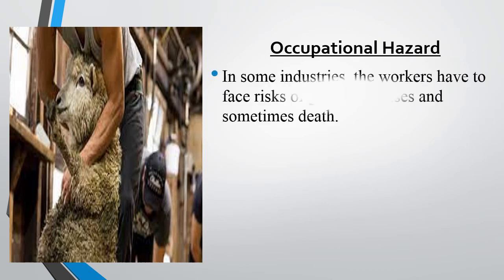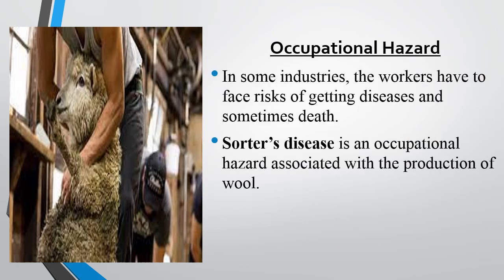The persons who work in the woolen industry may get a disease. That disease is called an occupational hazard. What do we mean by occupational hazard? It is an industry disease usually associated with the wool industry.